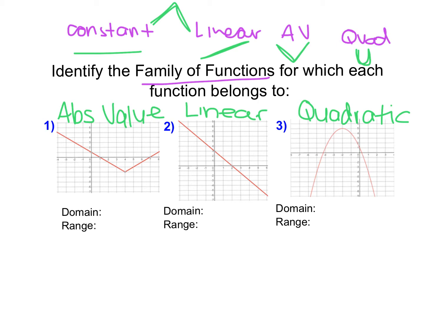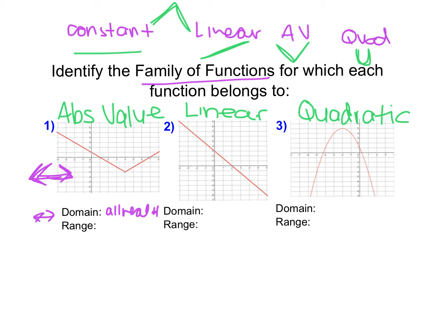Then my goal is to determine the domain and the range. And when I look at each of these graphs, so I look at this absolute value graph, and I'm going to focus on domain first here, what I notice is this graph goes forever to the right and forever to the left. Because I am using all x values, both to the right and to the left, I need every single x value to make points on that graph. And as a result, my domain is going to be all real numbers because I need all x values, both left and right.